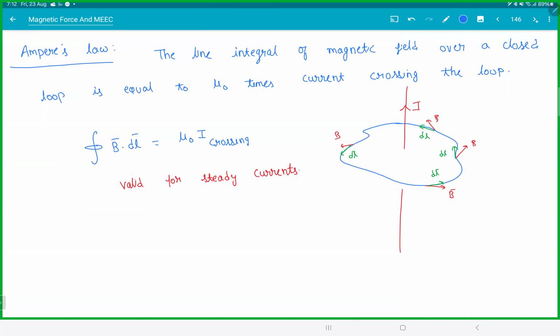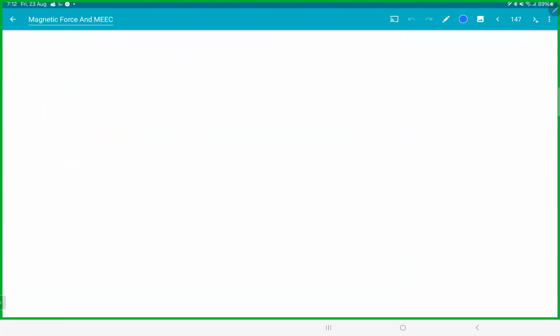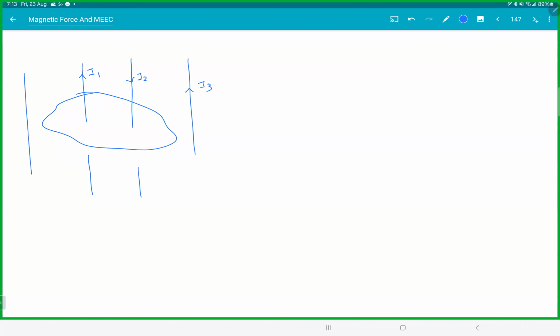So if I take an example, we have a loop here. This is I1, this is I2, this is I3, this is I4.